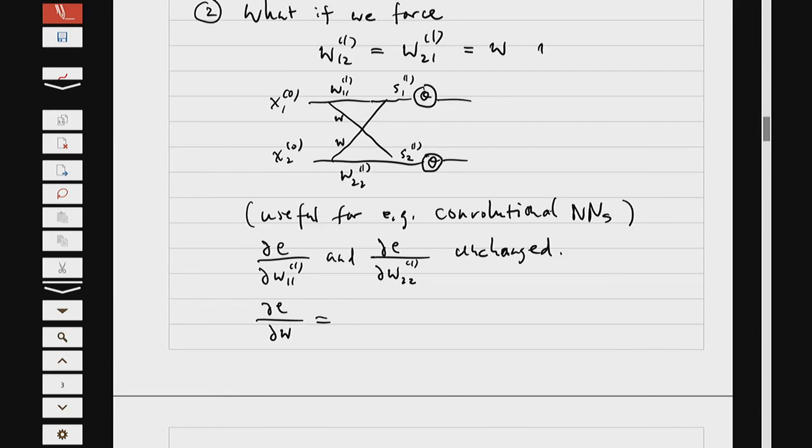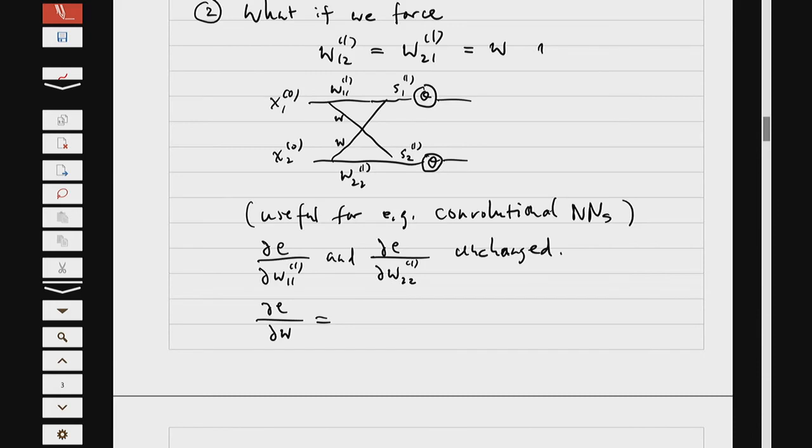We use the same idea. To find this partial derivative, we want to know how any change in W impacts the value of E at the end. What pathway does it go through to get to E? What kind of composite function do we have here?